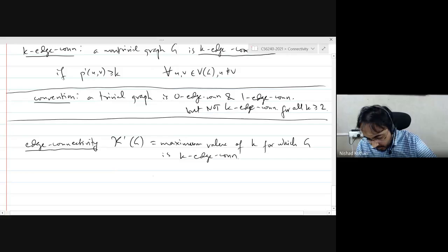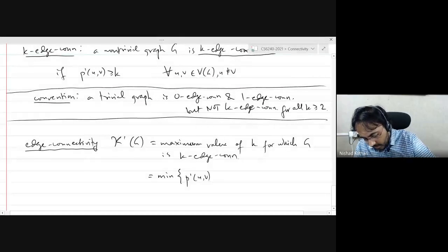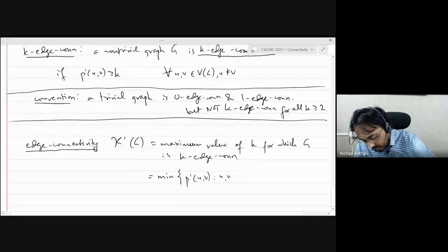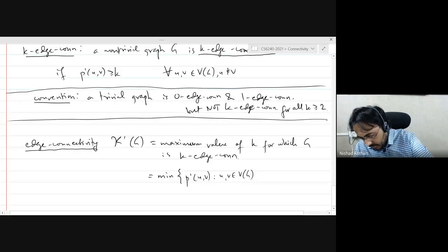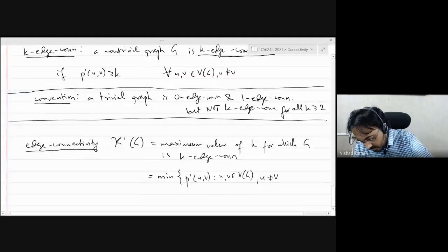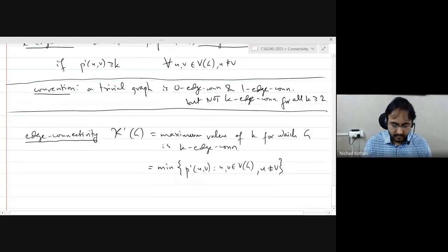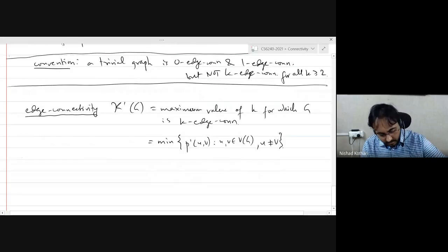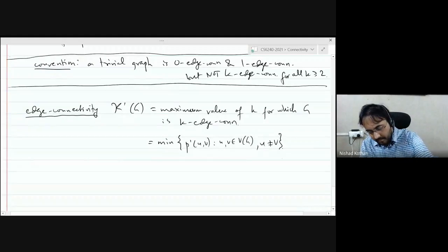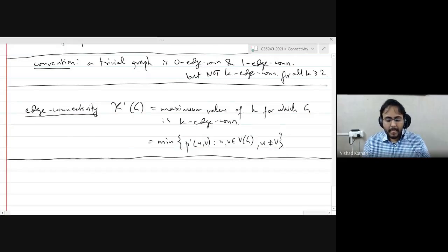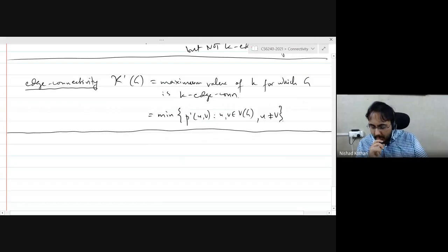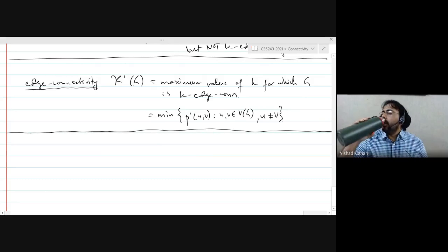And if you think about it slightly harder, you see that this is the same as saying that it is the minimum value of p prime uv over all uv pairs. Okay, so far we haven't said anything very non-trivial.